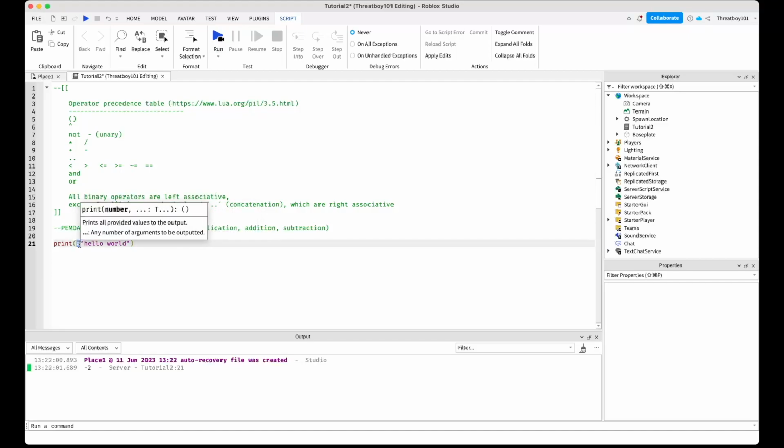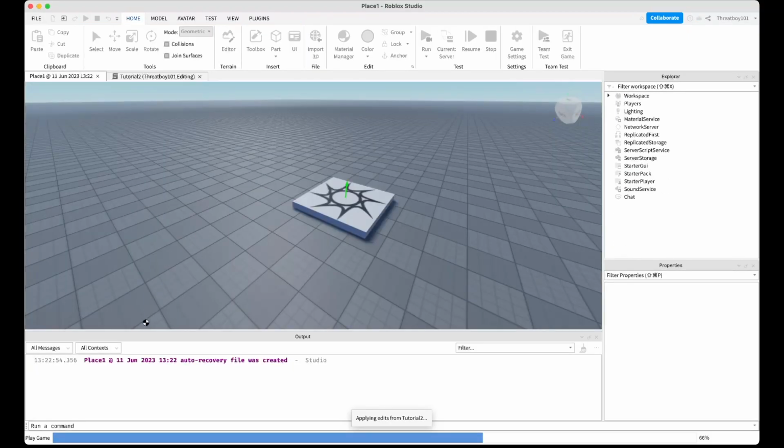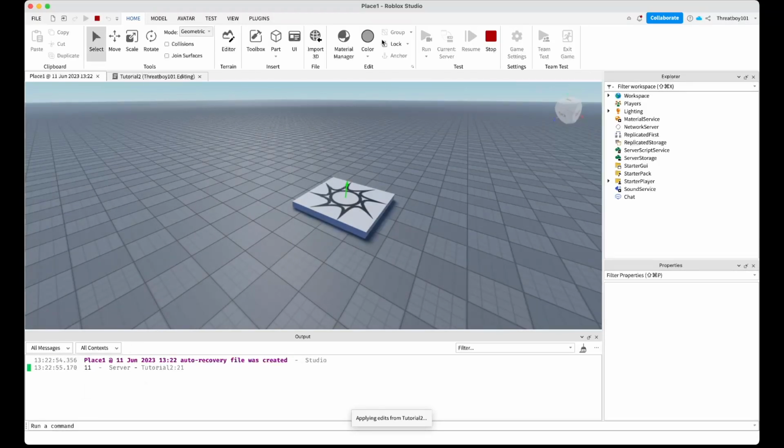So you just simply put the hash prior to the string, and what this does is it gets you the number of characters in that string. So for example, hello world has how many characters? 1, 2, 3, 4, 5, 6, 7, 8, 9, 10, 11. So it should output 11, and we see 11.